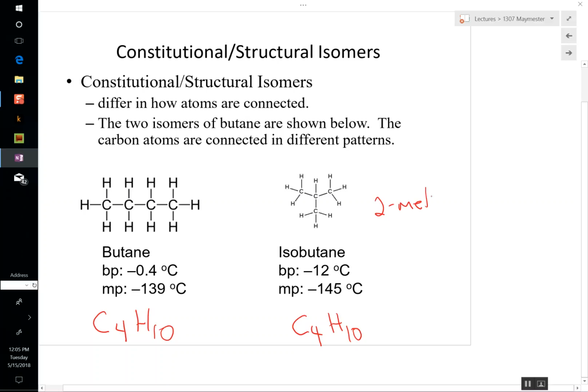So you can figure out that it's called 2-methylpropane from the 6 rules I gave you, right? You can't figure out that it's called isobutane from those 6 rules. That is its nickname, or we call it a common name.